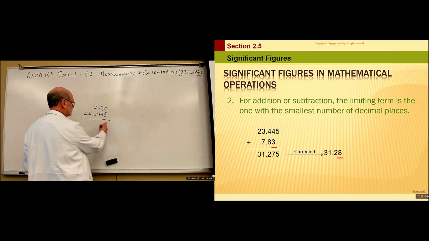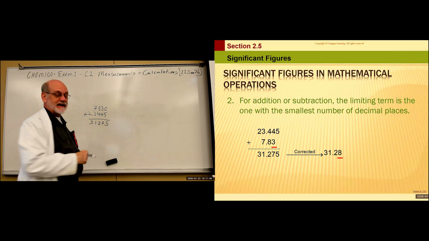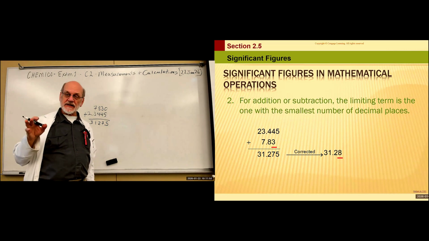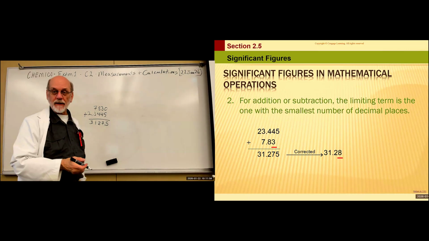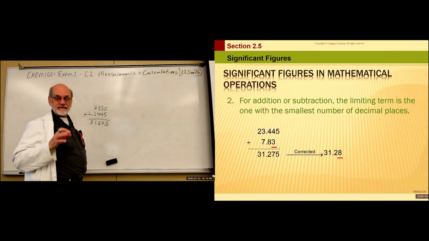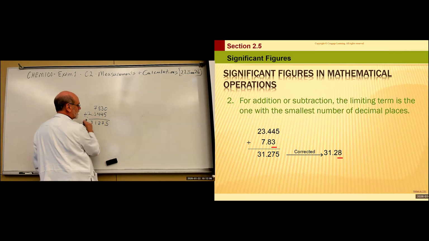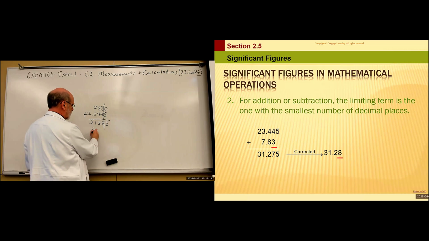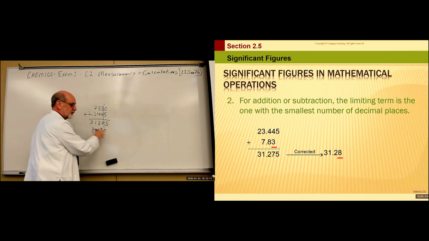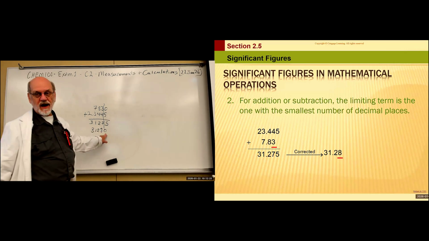Well, let's add them together first. 5, 7, 12, 11, 3. You got your decimals lined up, but there are no decimal places to the right of the decimals. So where do I stop? You go to significant figures. The position of significant figures is limited by this one because that's not significant. So that's where we round. 3, 1, 2, 8, 0 with no decimal point. That means these are significant, that one's not.